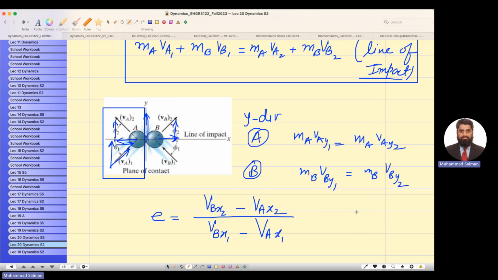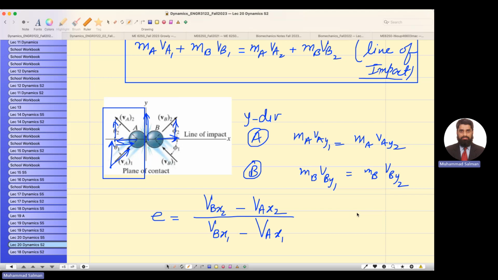Now here students can ask, professor, can we swap their directions? You can swap. It's not hard and fast. You can swap only when you see a negative sign. If the velocity difference is negative, you swap their positions. You should not have a negative sign either in the numerator or the denominator.